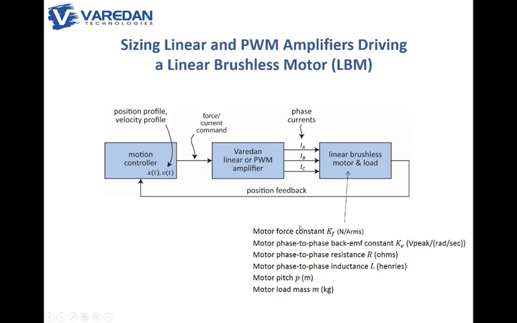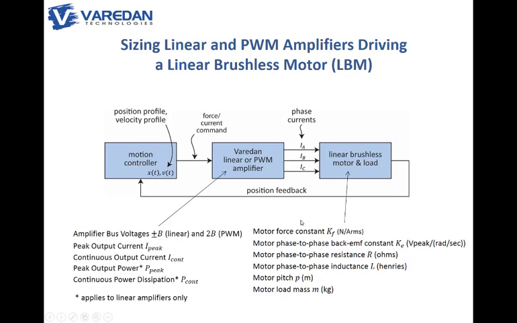With these design inputs, we can compute 5 design outputs that are used at Varidan to help choose an amplifier for your application. The design outputs are the amplifier bus voltages. In the case of a linear amplifier, those bus voltages are plus minus B, so that the voltage between the two buses is 2B, or the rail-to-rail voltage is 2B.